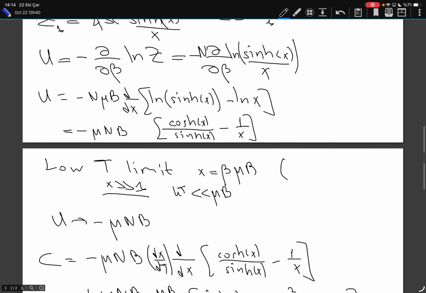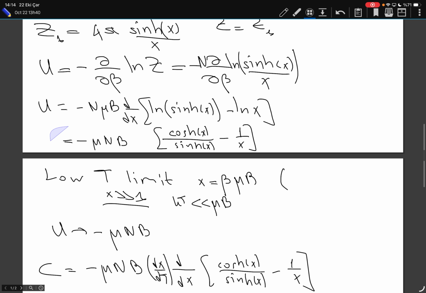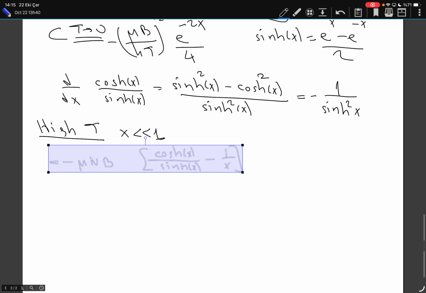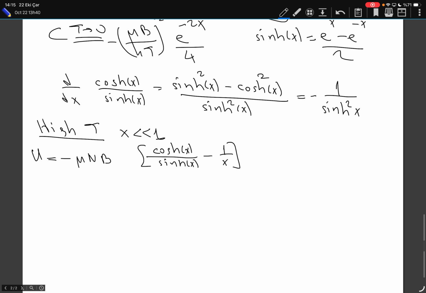Well, let's start with U. This is my U. Minus mu and B. Well, let's see. I need the expansion of cosine hyperbolic x divided by sine hyperbolic x for small x.